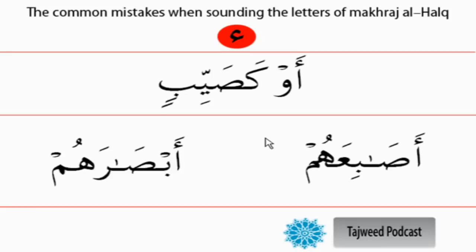Whenever this letter comes in front of another letter that is full mouth, such as sad, you have to be careful not to make the alif mufakham, a heavy letter. For example, if I want to read this second word which is mentioned here, asabi'ahum, the sad is mufakham, which is a heavy letter among the 7 letters which are full mouth.